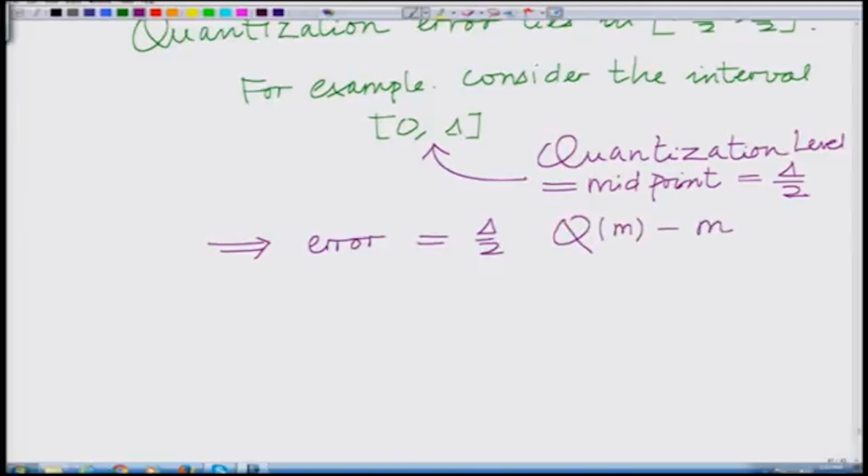So, q of m is delta by 2 and m is 0 if m equals 0, so the error equals delta by 2. If m equals 1, or basically close to 1, the error is minus delta by 2.